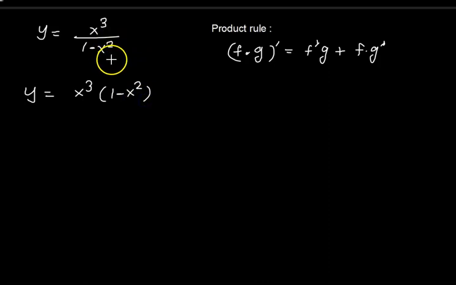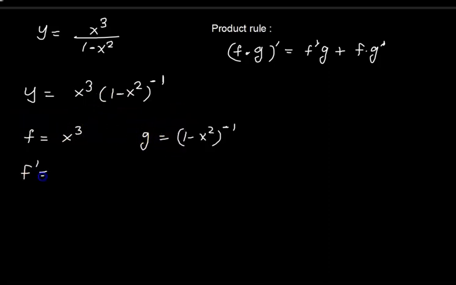So the denominator 1 minus x square is written with the negative exponent like this. Now this function is like a product of two functions. We can assume the first function as f and the second function as g. The derivative of the first function is 3x square.